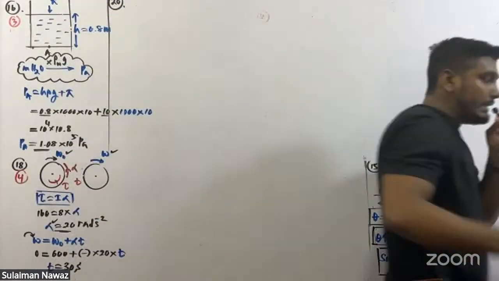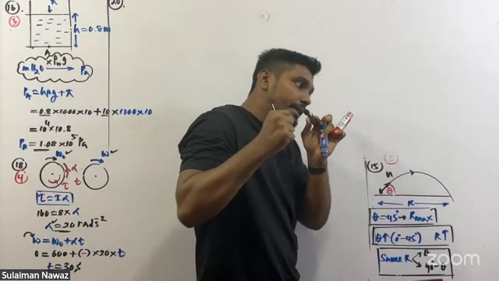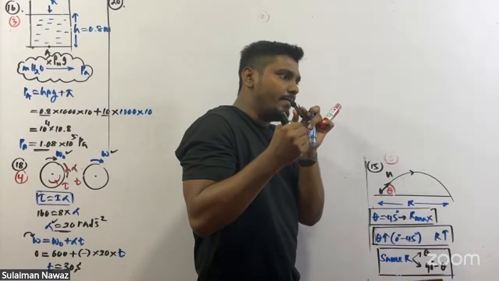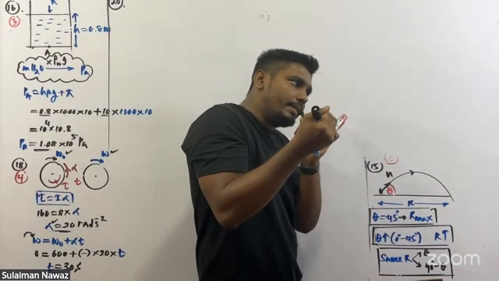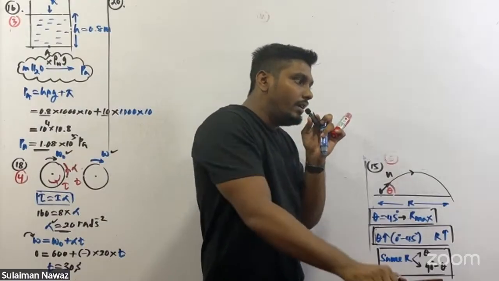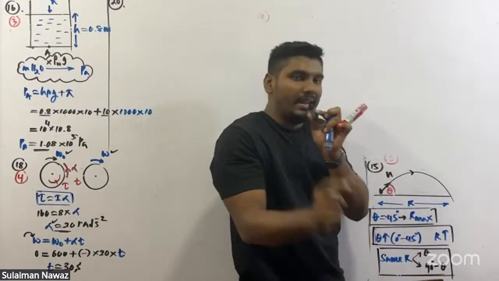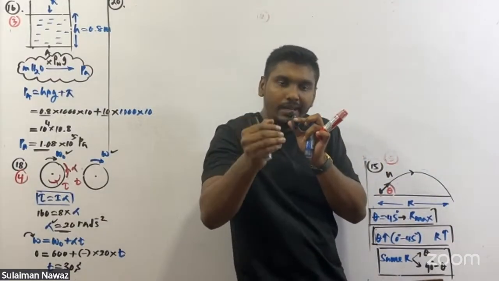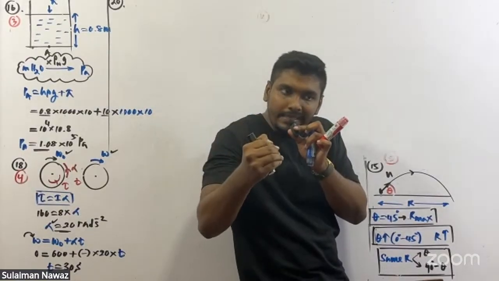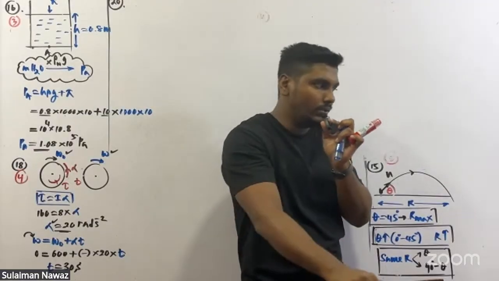A length of a composite string made by tying together a thicker string of mass M and a thin string of mass M naught is 2L. That means thicker string length is L, thinner string length is L. The total composite string length is 2L. Thicker mass M, thinner mass M naught.